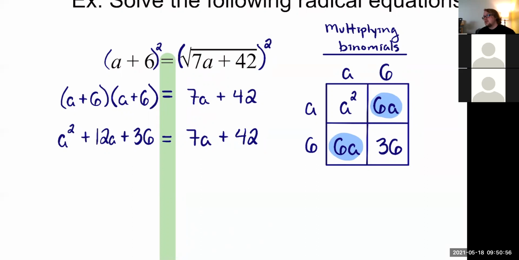Does it matter if we write the a squared first? Well, that's a good question. To keep it organized, knowing that this equation is turning into a quadratic equation, in the past I recommended always writing in descending order. So that's why I started with the highest power, then the next highest power, then the lowest power.